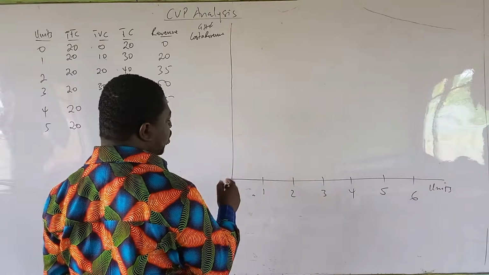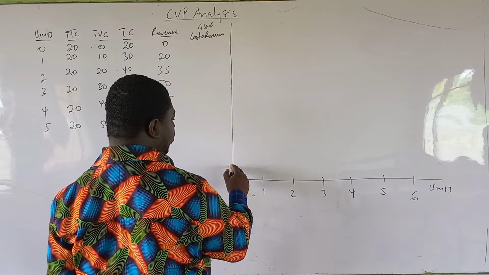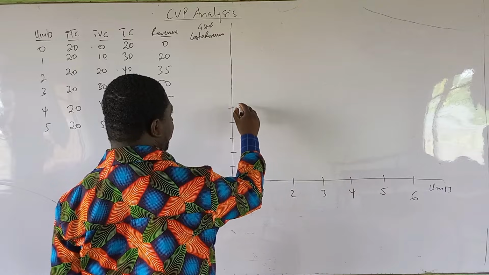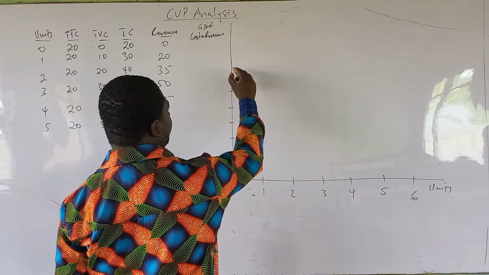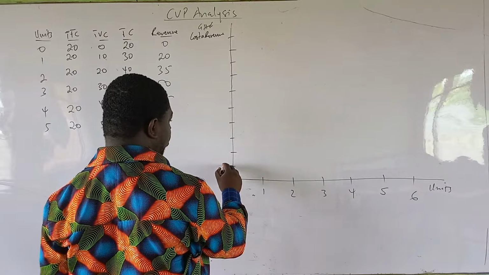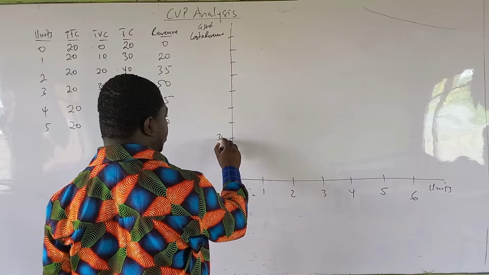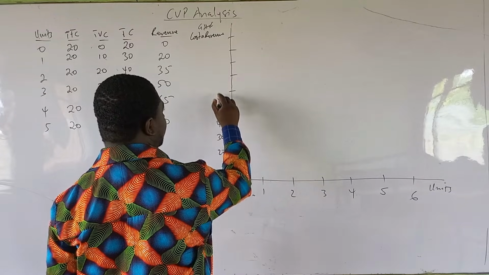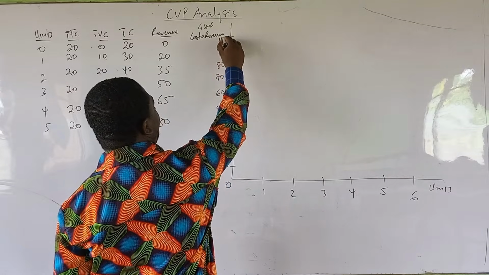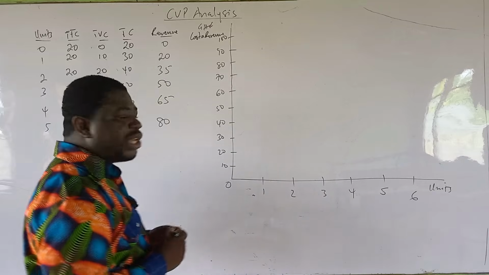So I can use 10, 10. Let me try and see 1, 2, 3, 4, 5, 6, 7, 8, 9, 10. Okay, so 10, 20, 30, 40, 50, 60, 70, 80, 90, and 100. All right, so let us begin the plotting.